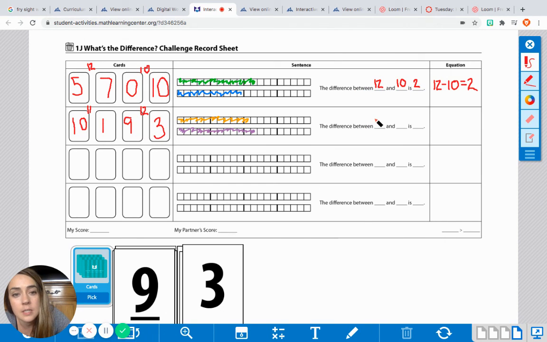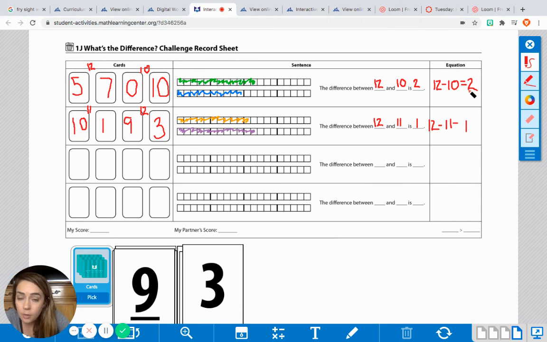The difference between 12, bigger number first, and 11 is 1. And then I'm going to write the number sentence: 12 minus 11 equals 1.